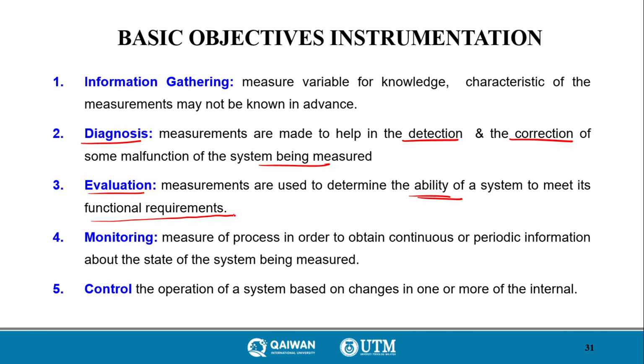Very important because it is made to measure a specific signal. Monitoring: measuring a process in order to obtain continuous or periodic information about the state of the system being measured, and control the operation of a system based on change in one or more of the internal variables.